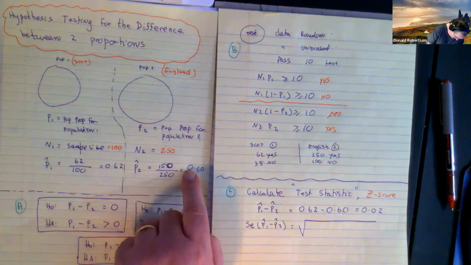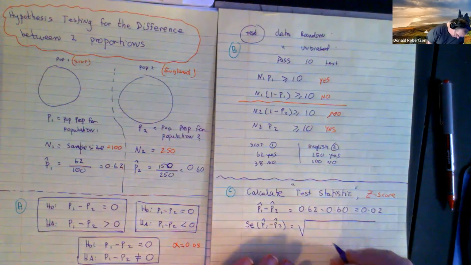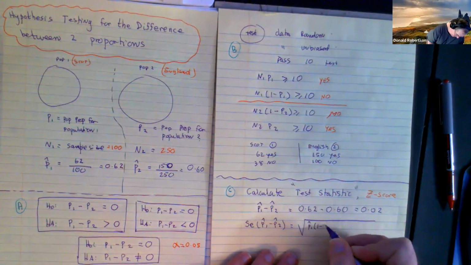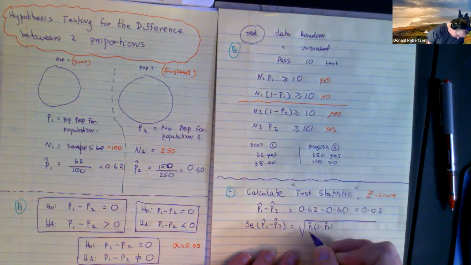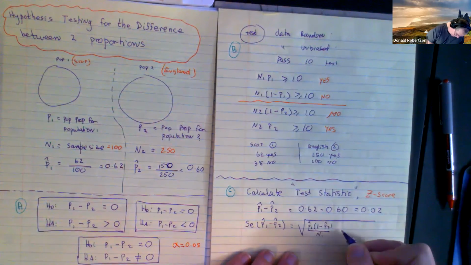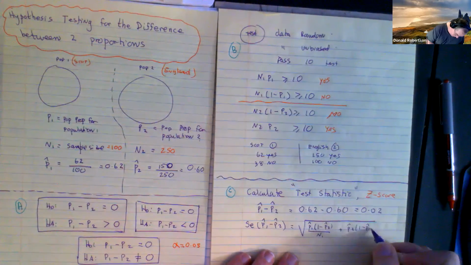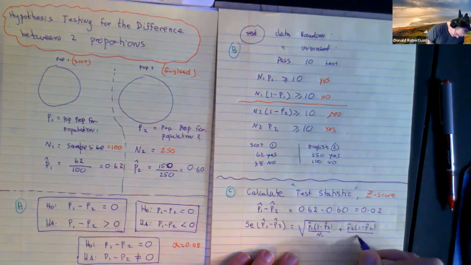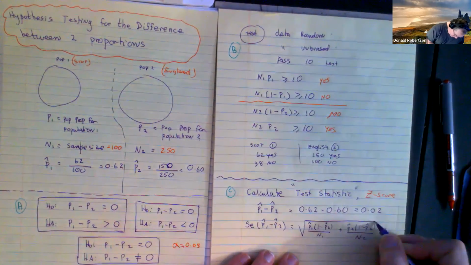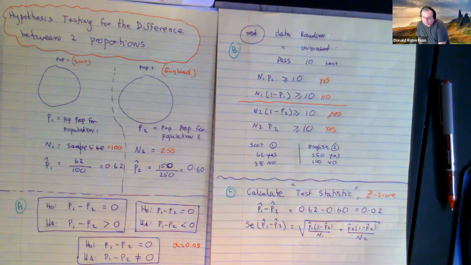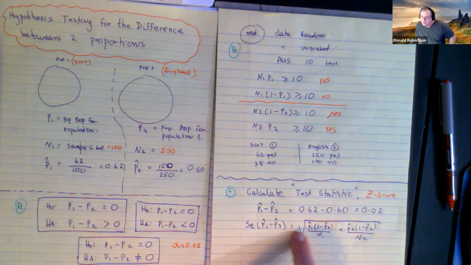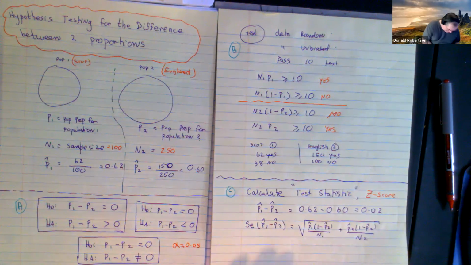So the formula, can you remember doing confidence intervals for the difference between two proportions? Isn't that the same standard error formula, right? So that's a lot messier than it was earlier.